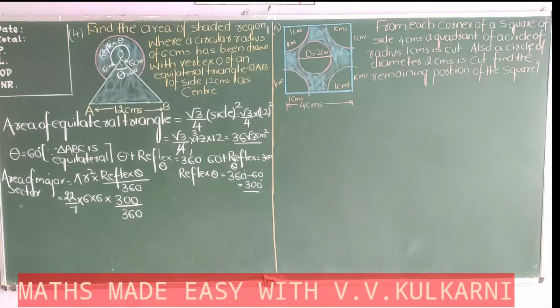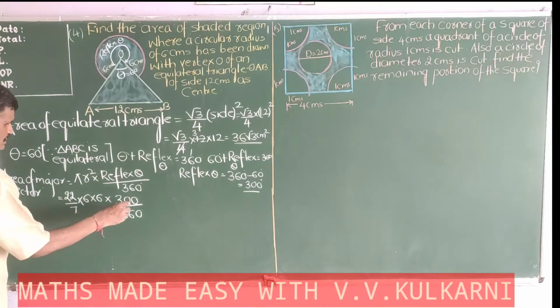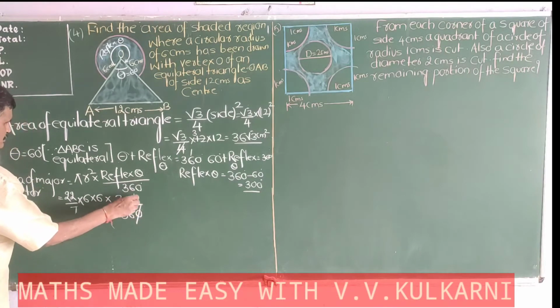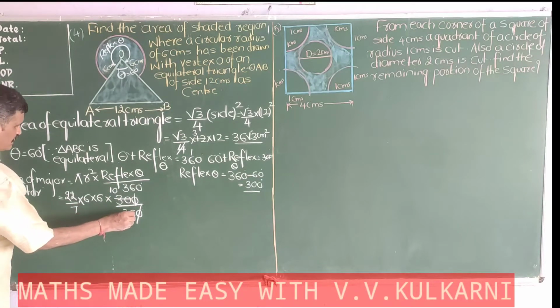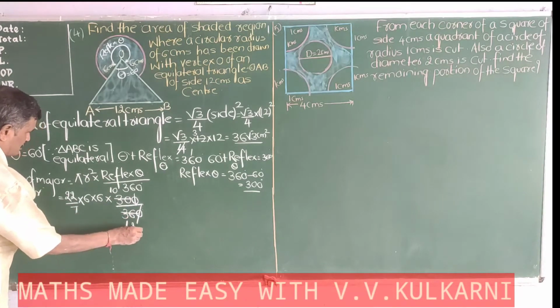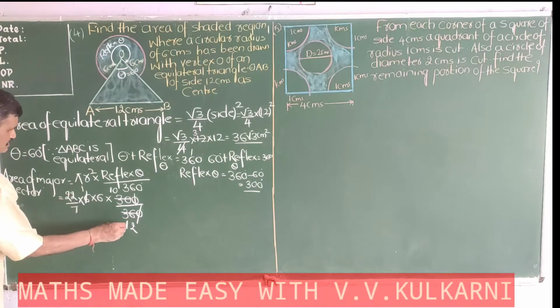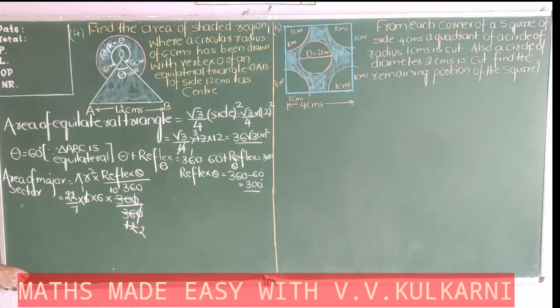If you continue, children, here this 0 cancels with 0 and this will be 3 tens are, and this will be 3 12s are. This is 6 1s are, 6 2s are 12. Again 2 3s are 6.